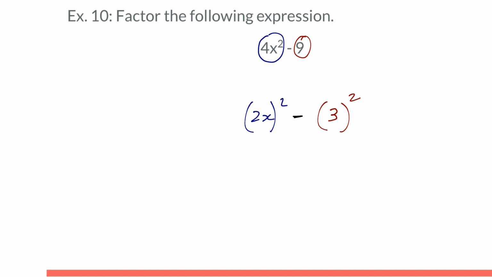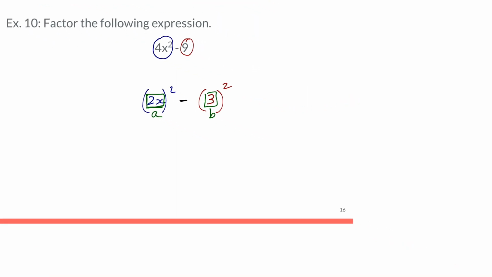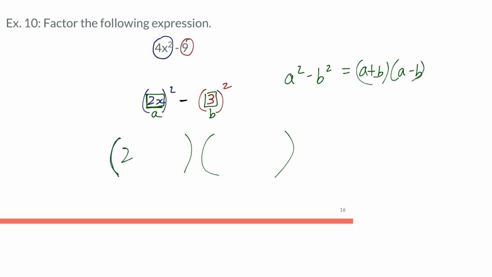But again, I want you to be able to do this, there are more examples for you to try very soon. As long as you're able to do this, then this whole thing inside the bracket is A, and this whole thing inside the bracket is B. And remember what the formula or the identity says: A squared minus B squared equals A plus B times A minus B. So it's really crucial that you identify A and B correctly, because the next step would be 2 brackets, and A is 2x, B is 3, so it's 2x plus 3, and then 2x minus 3.